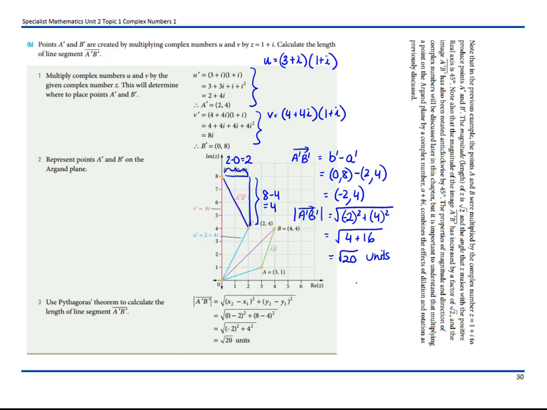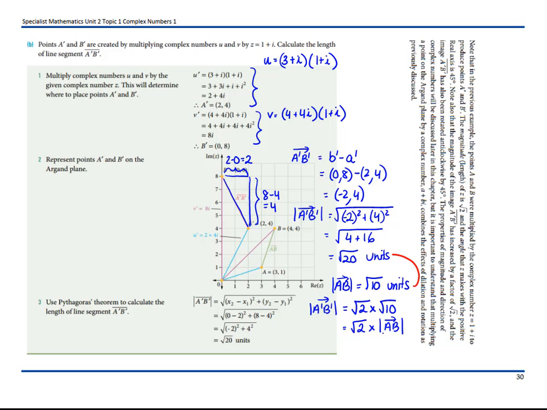Now, we found out before that the length of AB was the square root of 10 units. So comparing these two, we can say that the length of A dash B dash is the square root of 2 times the square root of 10, or the square root of 2 times the length of our AB.